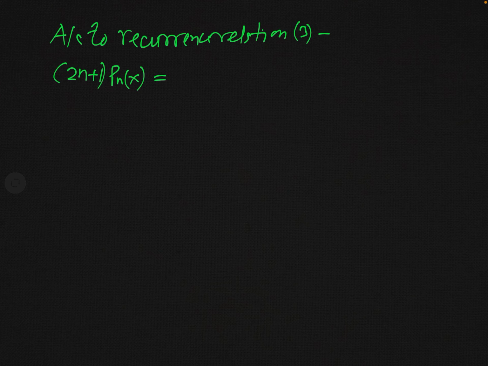This is 2n plus 1 into Pn of x, and this is equal to Pn plus 1 prime of x minus Pn minus 1 prime of x, and say this is equation 1.